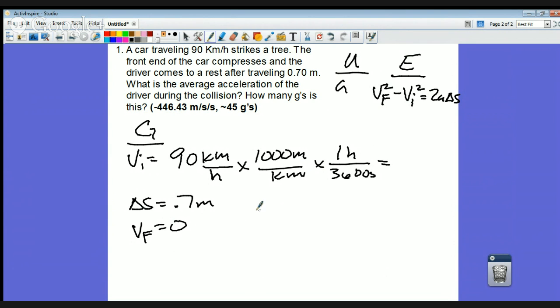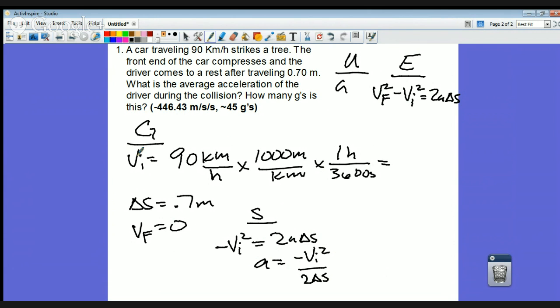That comes out to be pretty easy. You've got negative Vi squared equal to 2a delta s, and so a is just going to be negative Vi squared over 2 delta s. You're accelerating in the opposite direction that you were moving. So if your initial velocity was positive, your acceleration is going to be negative, slowing you down to stop. So it should come out to be negative, so that seems good.